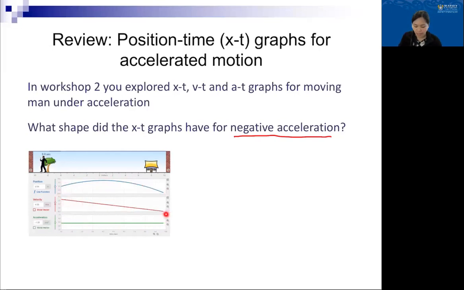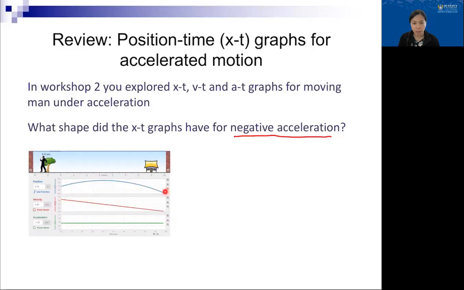In other words, if you get the slope of this linear velocity time graph pointing downwards, it will give you a negative value that's constant, meaning the acceleration will be constant and negative. And this velocity time graph that's straight and pointing downwards will have a position time graph that's curved downwards.